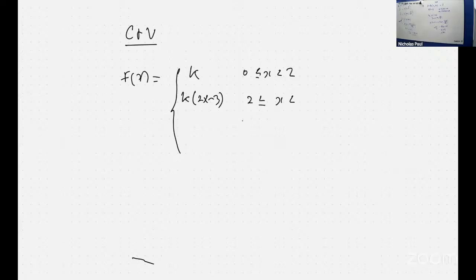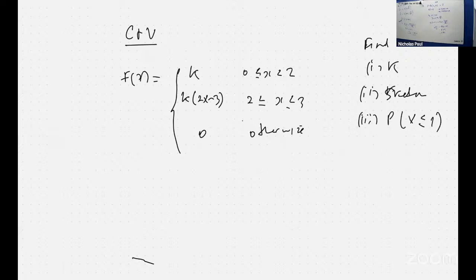So what I gave you there is a continuous random variable. Of course, they want you to find k. They want you to sketch it. And then let's just find one thing: the probability of x less than or equal to 1. How do we do something like this? Well, in questions like this, it's broken up.